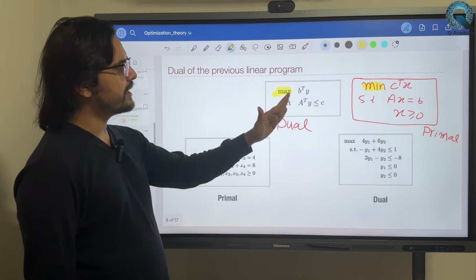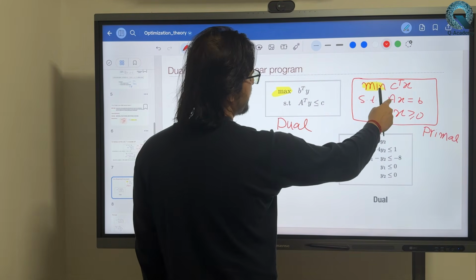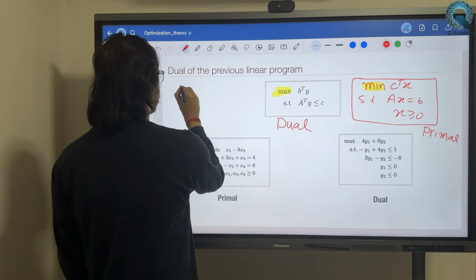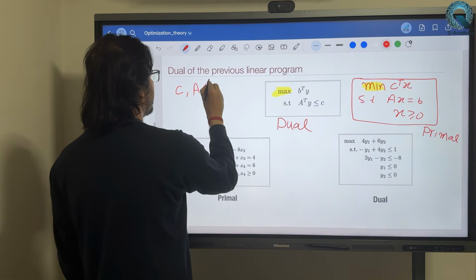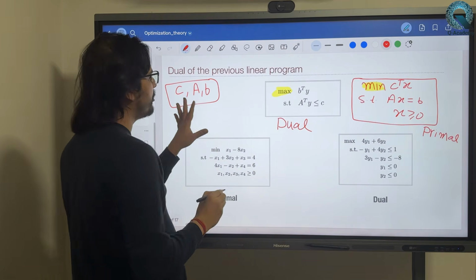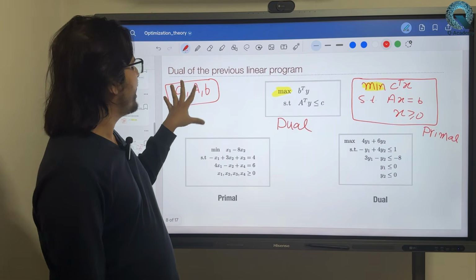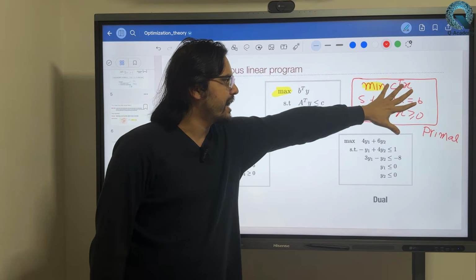But you notice that there is this matrix A and the vectors C and B which are common. So you have C, you have A, and you have B, and this is what is common in both dual as well as primal. Once you have been given a primal formulation, you can write it in the standard form.